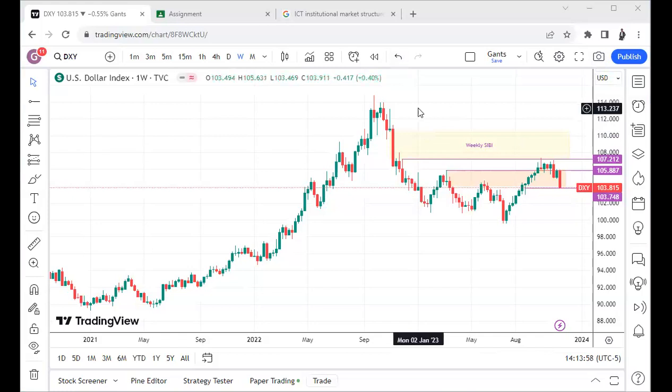We look at the market together, the major pairs, our indices like the S&P 500, NASDAQ, and the Dow Jones Industrial Average, that's US 30.